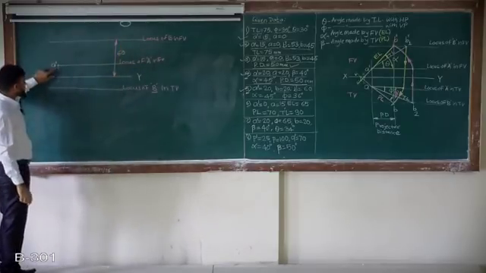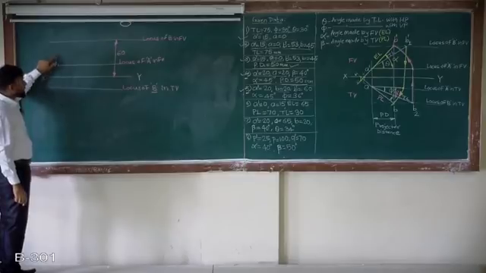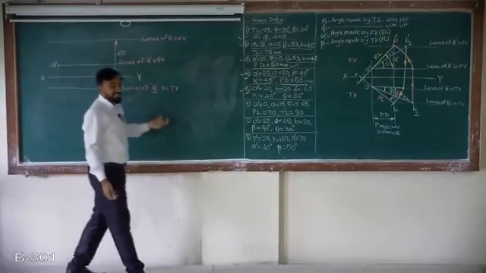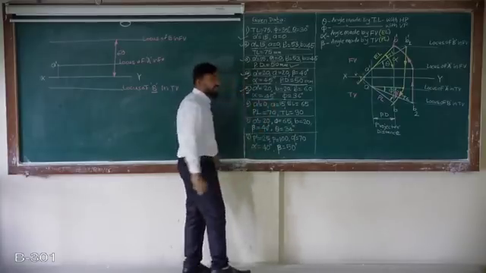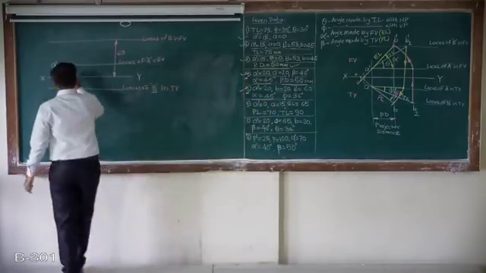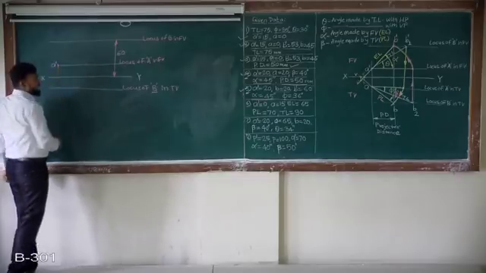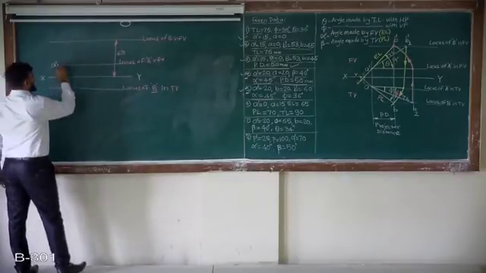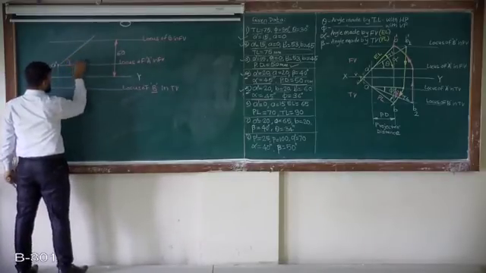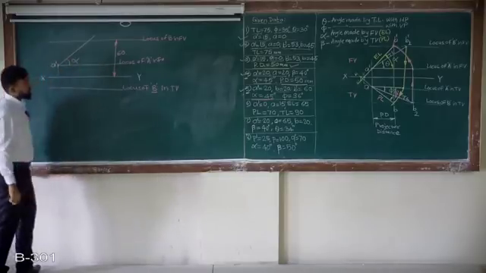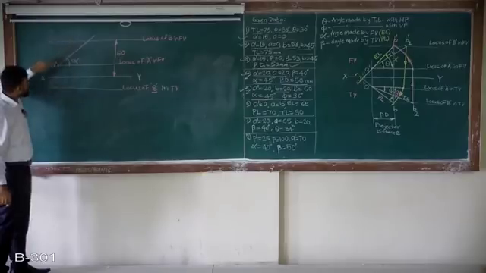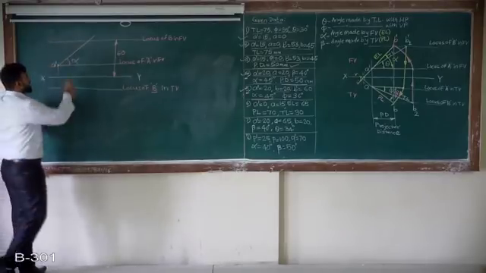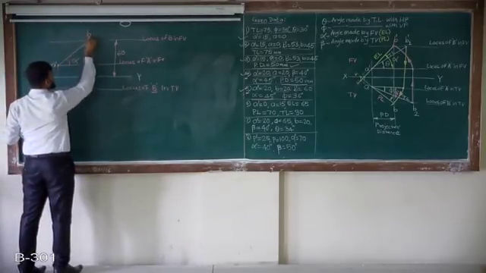From A dash, I need to mark if any parameter is given. So remember, see, what is given in front view? That is alpha. So at point A dash I can mark the alpha angle. So this angle is alpha. So A dash, I know the locus. So from A dash I will mark alpha. Wherever it cuts, this point should be B dash.